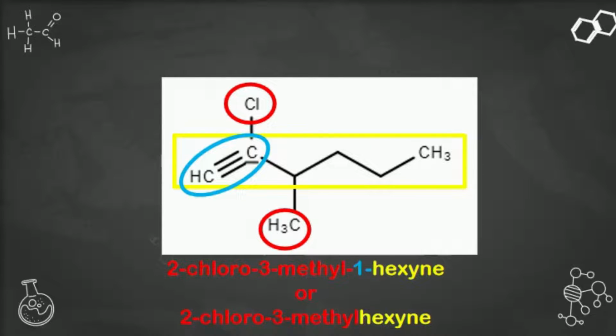In this case, we have alphabetical order of substituents, which is chloro and then methyl, so C comes before M. So we have 2-chloro-3-methyl, and then the parent name, which is 1-hexyne or hexyne only, because we can add or remove the 1 if 1 is used as the locant. We separate a number from a letter using a dash, and we separate a number from a number using a comma, and for letters, we don't use any space.